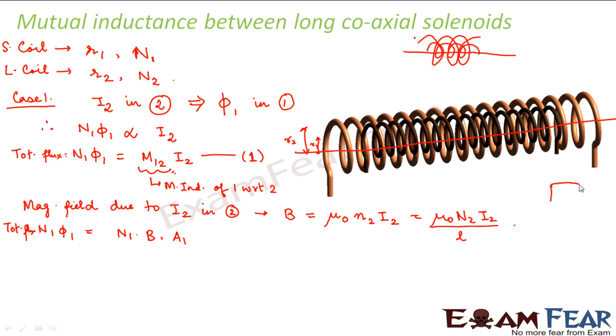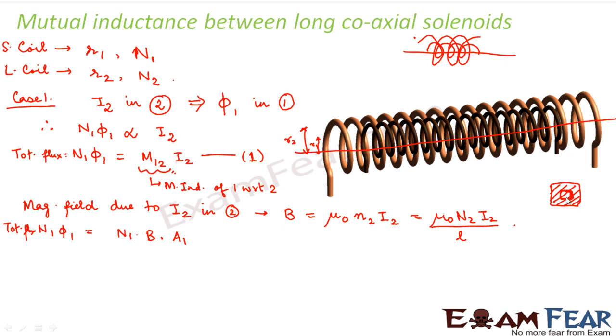It is somewhat like this. Imagine this situation in this way. This is the larger coil. This is the smaller coil. So the magnetic field inside the larger coil will cover the entire smaller coil. So the magnetic field inside the smaller coil is nothing but the magnetic field which is produced by this outer coil.